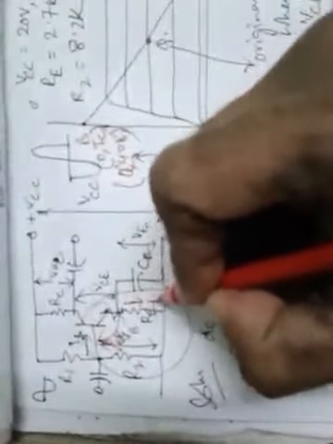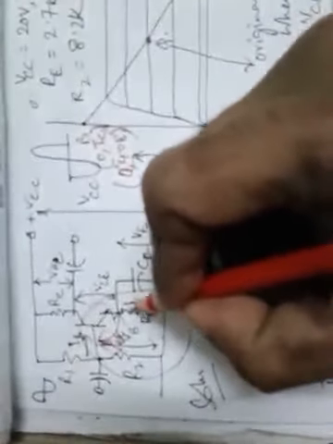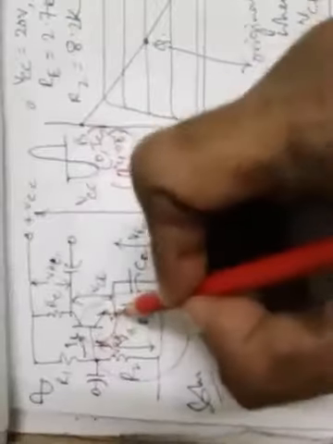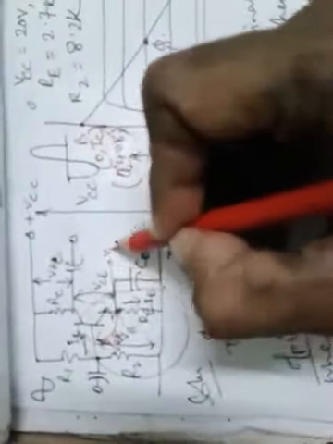So if we consider this loop only, this much is VB. If we subtract VBE, we should get VE, and that VE is IE into RE, because IE is this current, and it will give a potential drop across RE, which is the voltage at the emitter terminal, VE. So this IERE is nothing but VE. So VE is VB minus VBE.